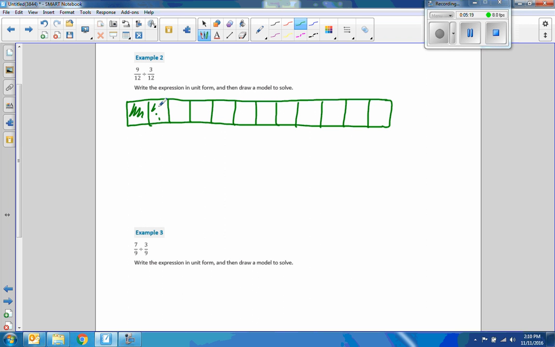I'm going to shade 9 of them. There's 9 of them. So this whole thing is 12 12ths. I'm not worried about the total. I want to just tell you what this portion is, and that is 9 12ths, 9 out of 12. And then it says divide that by 3 12ths. Well, 3 will go into 9 3 times. So there's one piece of 3 12ths.